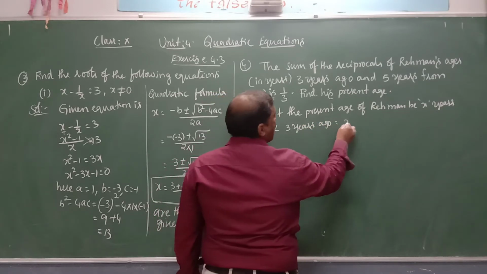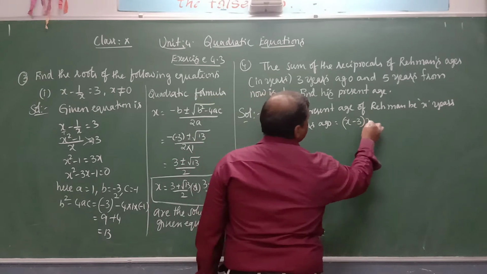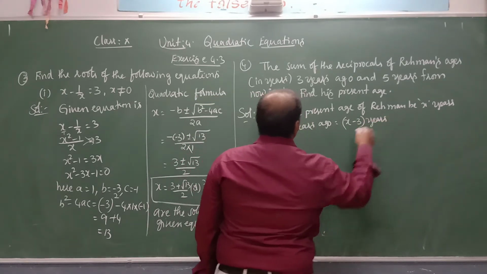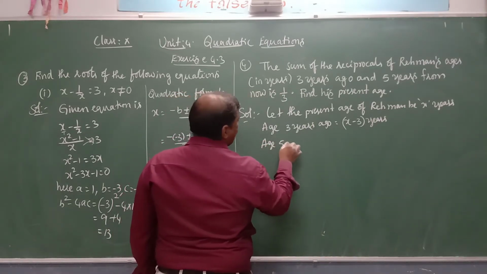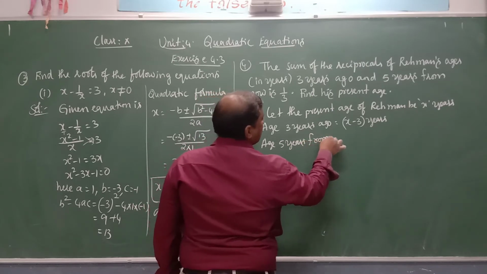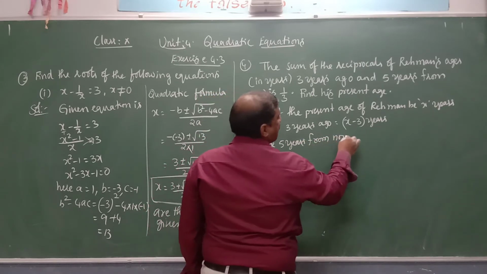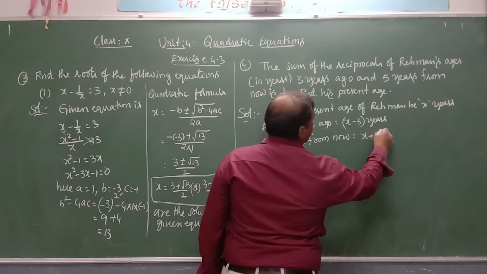Present it is x. Before means subtract, so x minus 3 years. Then age 5 years from now, that is after 5 years, is x plus 5 years.